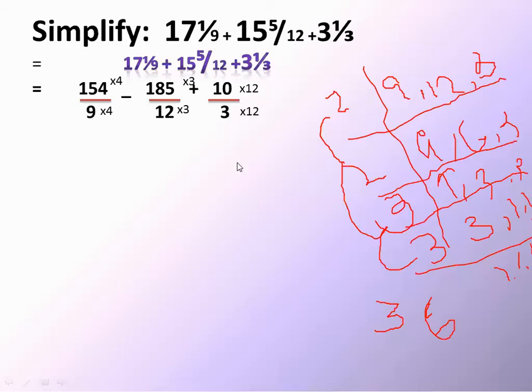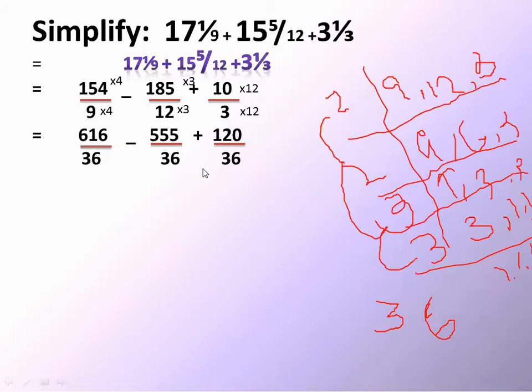So after multiplying, I will get these answers here: 616 upon 36, 555 upon 36 and 120 upon 36. Okay, now the math calculations will become so easy. Why? Because you now have the same denominators here.